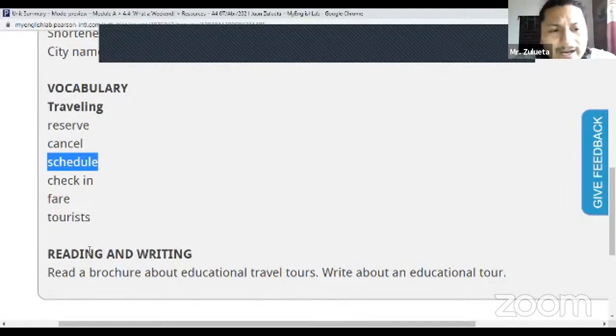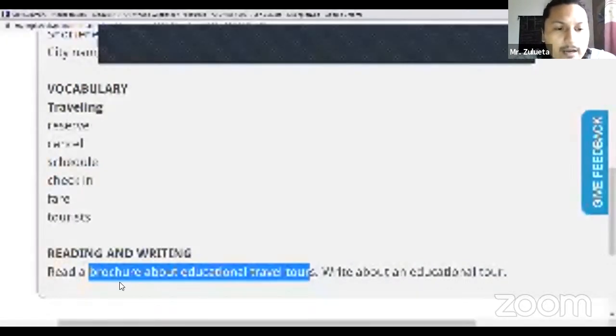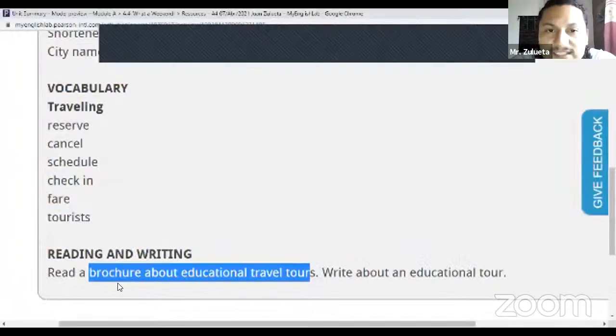For the reading and writing, we are going to read an article about a brochure about educational travel tours, okay? What places we must visit, what time, and the location.